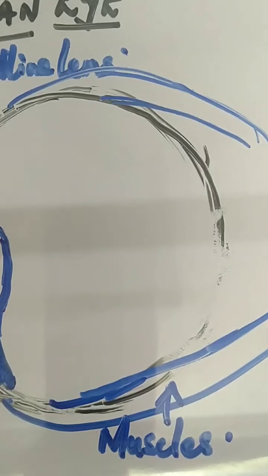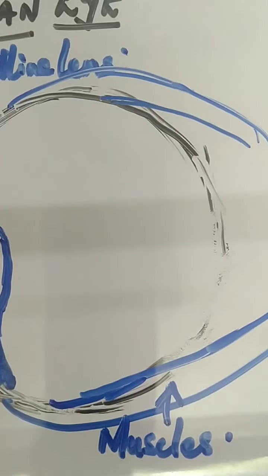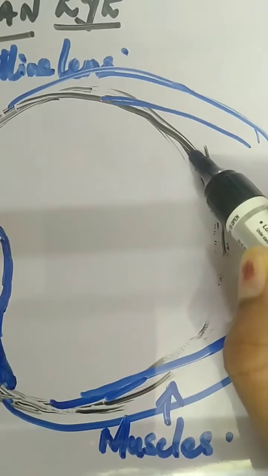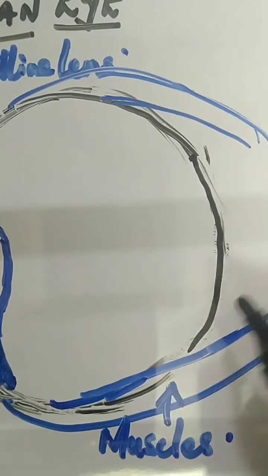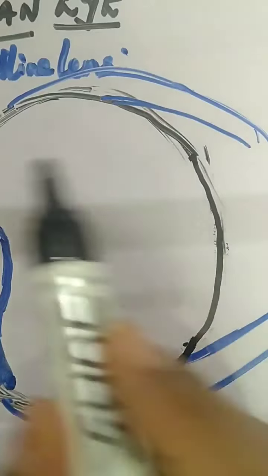Then as you go inside, on the back side of the eye, we have the most important part. If this part is not working properly, then we have defects in human vision. So we will show that part, the behind portion of the circle. This is the circle I was talking about.